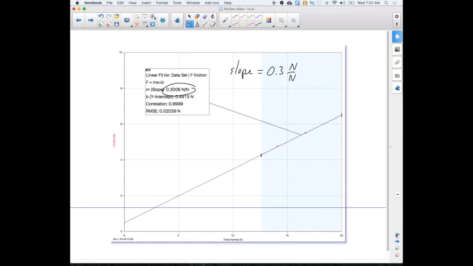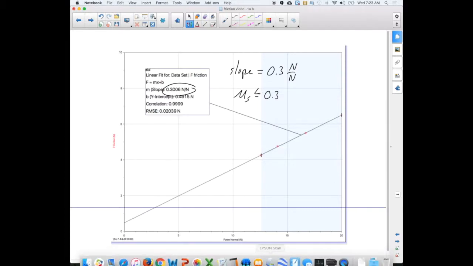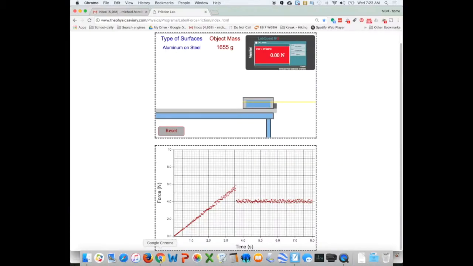And if you go back several slides, in this case, this would be mu static is equal to 0.3. And here we want to actually write this as mu static is less than or equal to 0.3, because you remember that the static friction was only as large as it had to be.